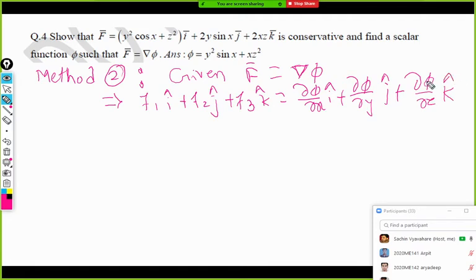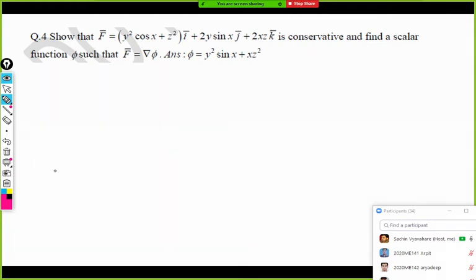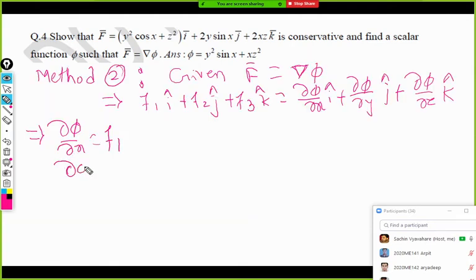So here we are saying we want a function phi which satisfies this condition f bar equal to del phi, meaning indirectly, equating these two vectors, we want a function phi whose dou phi by dou x equals f1, dou phi by dou y equals f2, and dou phi by dou z equals f3, and we are going to write it here. Dou phi by dou x should equal f1, dou phi by dou y should equal f2, and dou phi by dou z should equal f3.